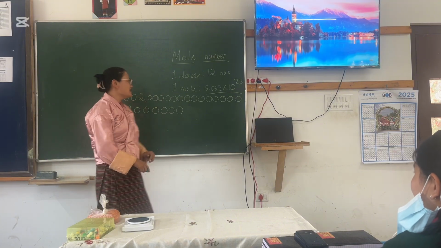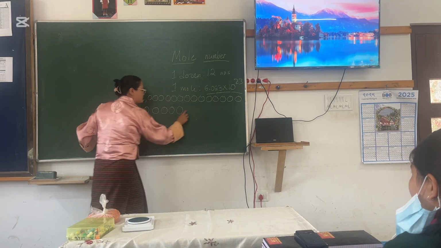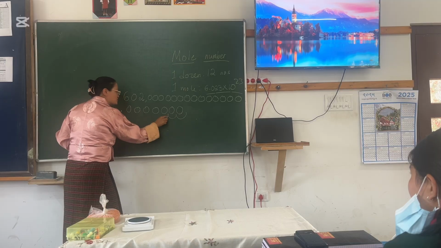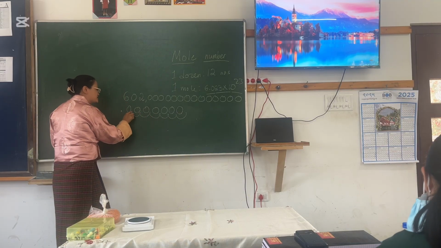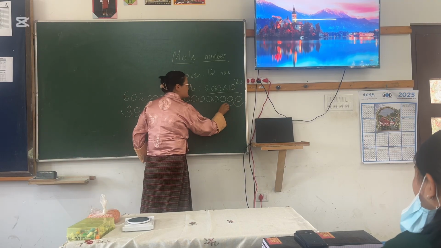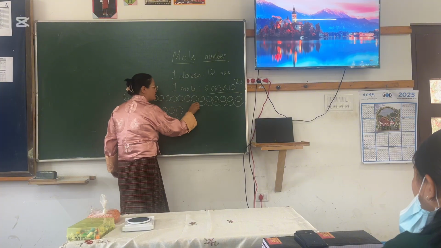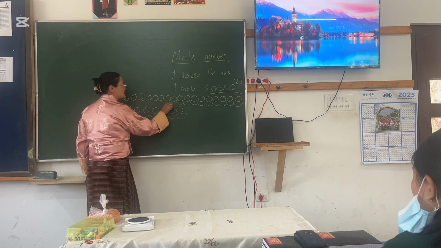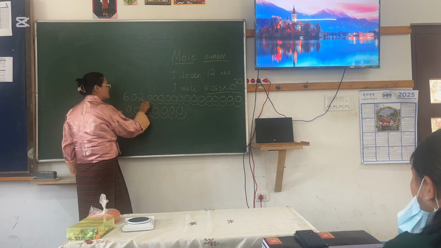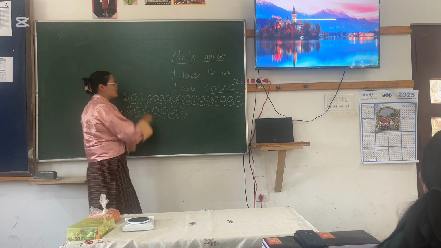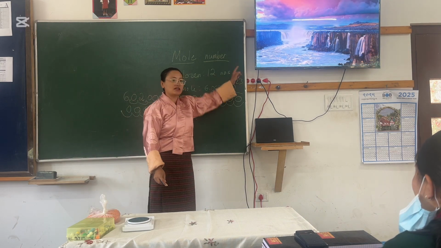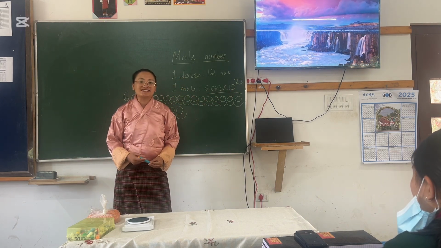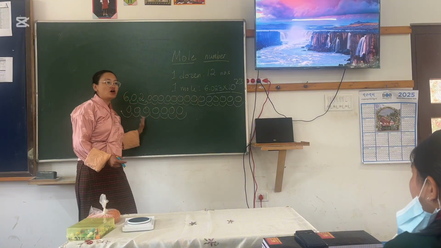So when we write this in scientific notation, 1, 2, 3, up to 23. So 6.023 into 10 to the power 23. So this many zeros are there.